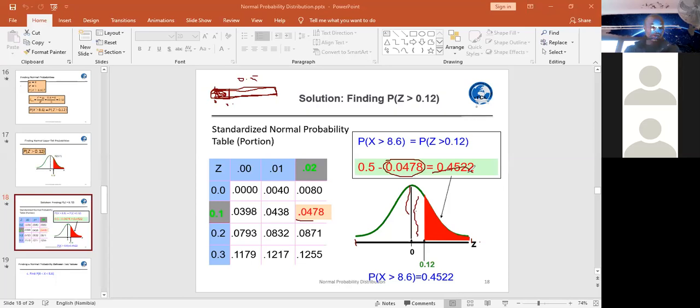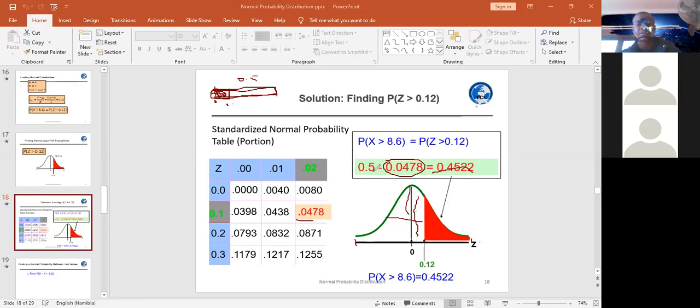So what are we getting? We are getting 0.5478, isn't it? Which means we have taken the entire curve, 1, minus this part. So that probability of 0.5478 is the other part.